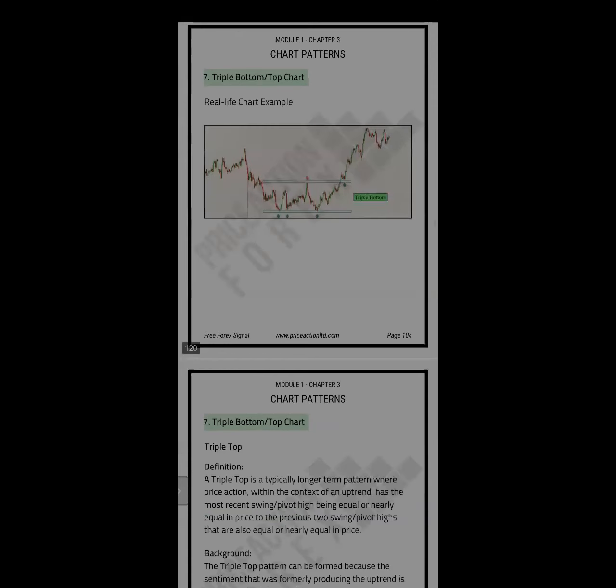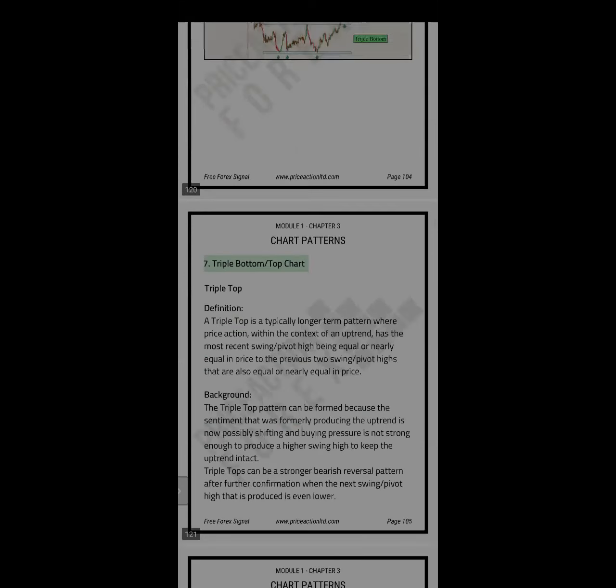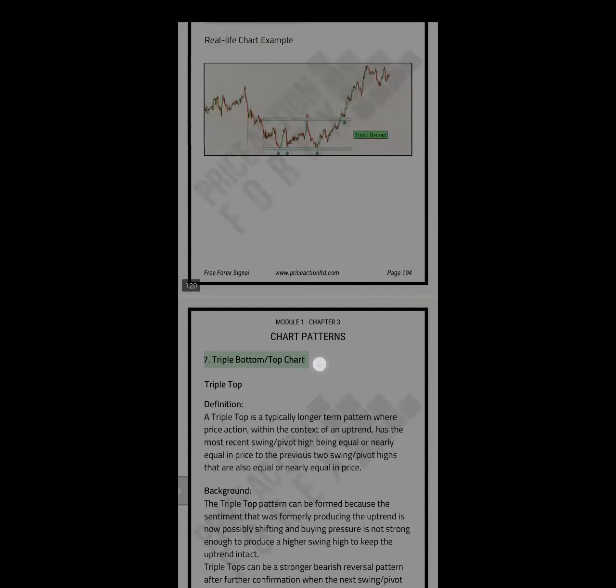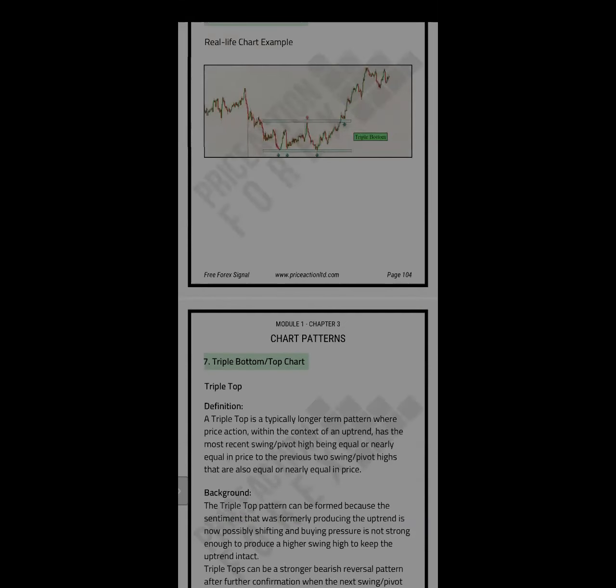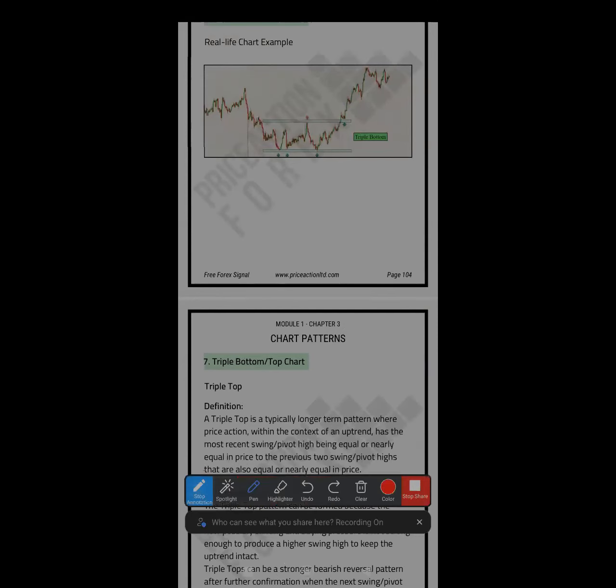But not the least is the triple top, which is kind of a double top, but has three highs in this form of a structure, which are nearly equal or equal to each other.